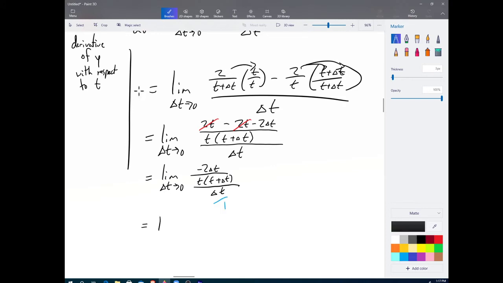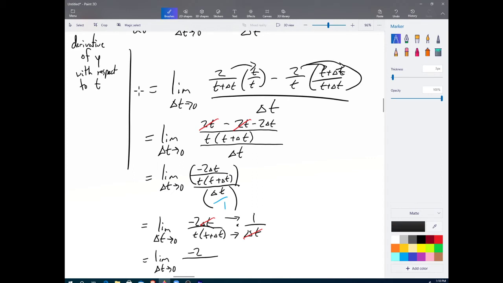And then remember that I, as the oldest, do not get flipped. T plus delta t stays, but my little sister, the second thing, she gets flipped upside down. Look for opportunities to simplify, and here I see a delta t on top and a delta t on bottom, and I'm going to get the limit as delta t approaches 0 of, at this point multiplying straight across, negative 2 over t times t plus delta t.